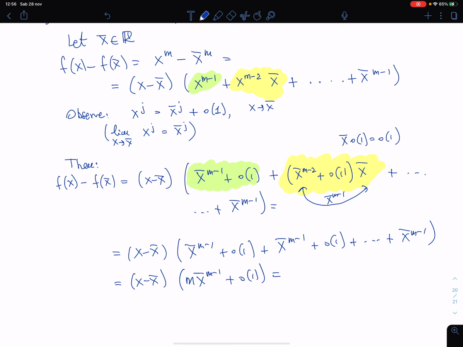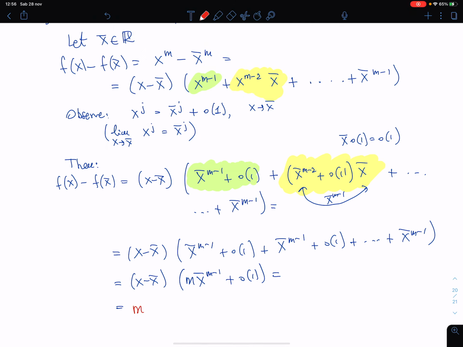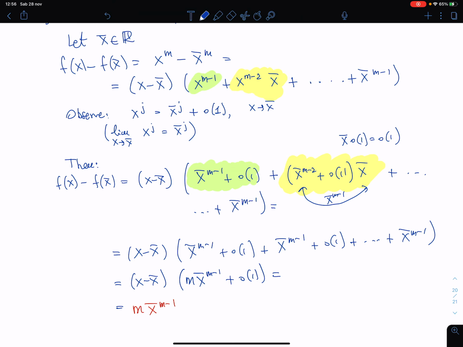Now we extract from the bracket every term, and so we have m x bar to the power m minus 1 that multiplies x minus x bar plus little o of x minus x bar for x going to x bar.